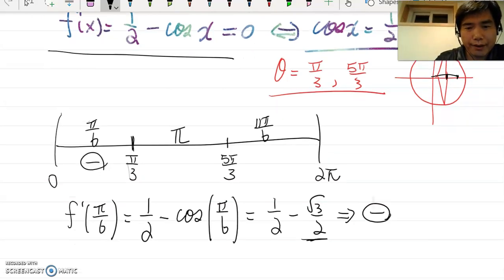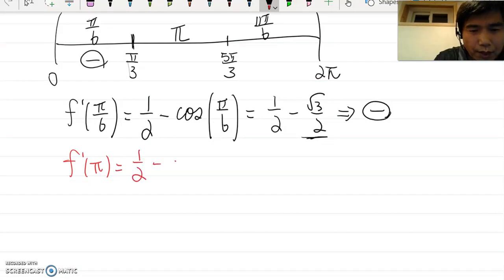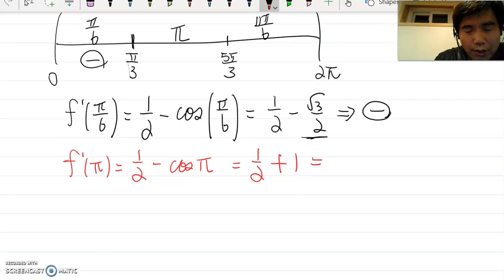Okay, now pi. So f prime of pi is 1 over 2 minus cosine pi, which means 1 over 2 minus negative 1, so plus 1. I don't even calculate it. I'm going to say positive here, so plus. Okay, now 11 pi over 6.